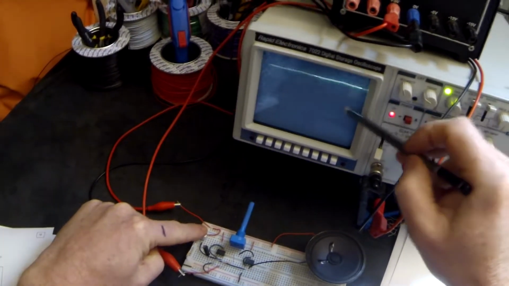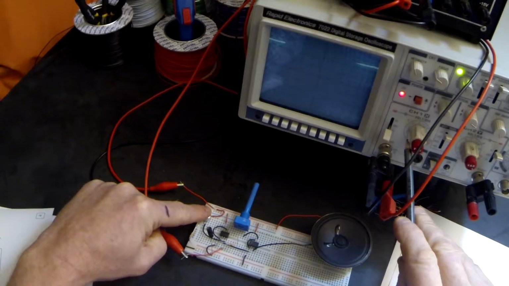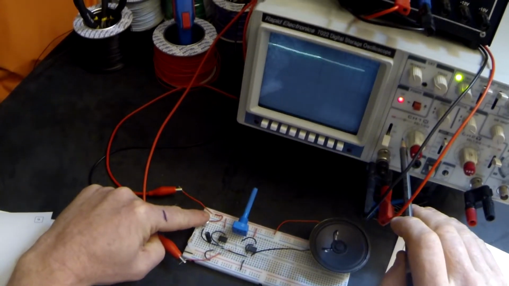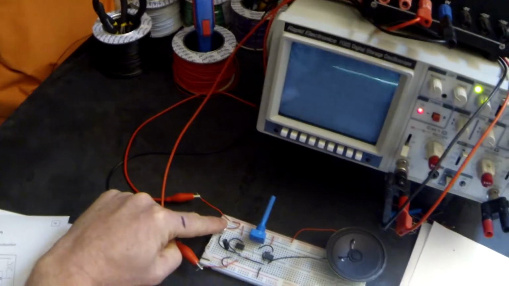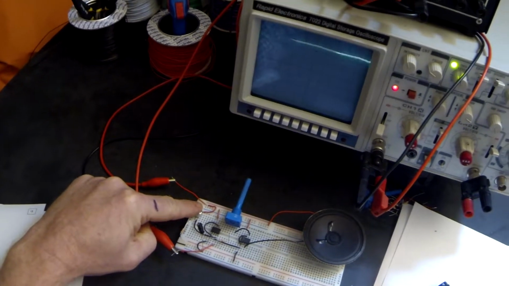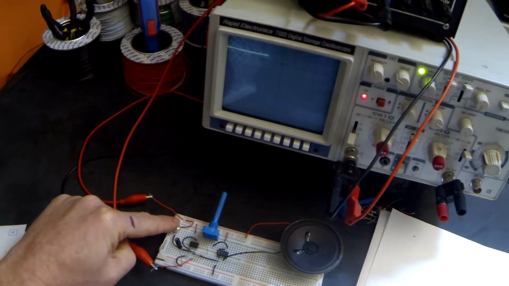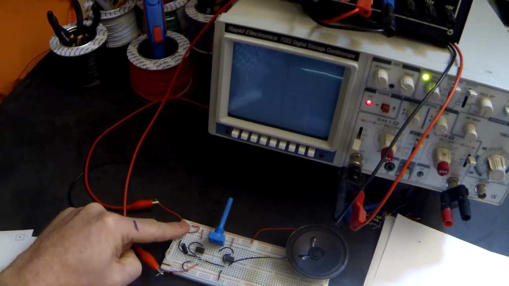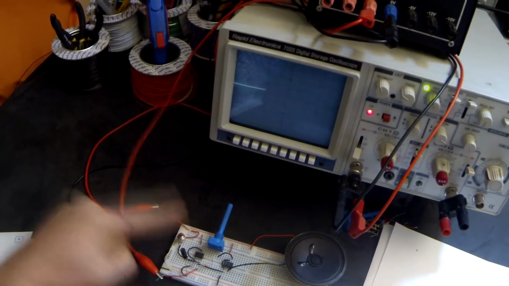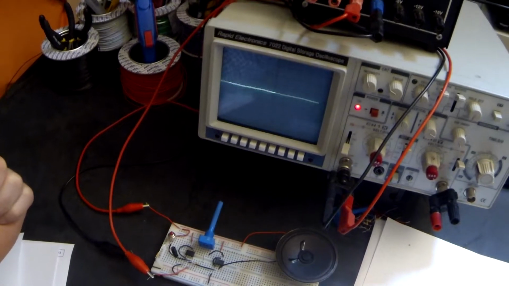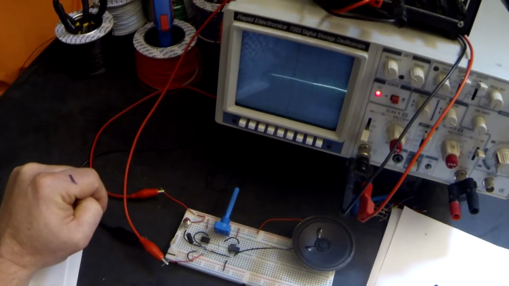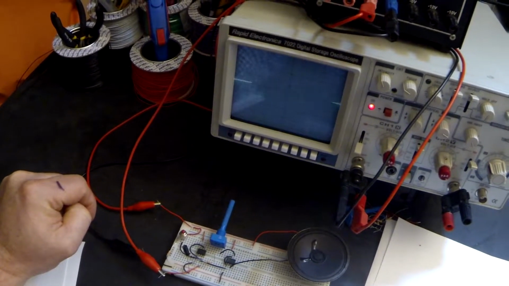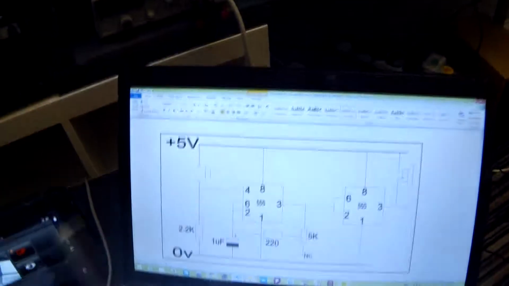It's risen 2.5 divisions, with each division worth 2 volts, which means it's gone to 5 volts, 2.5 times 2. When I release it, it drops back down to 0. Press, and each time you can hear the loudspeaker coming on and going off as to whether that switch is pressed. Going back to my circuit.